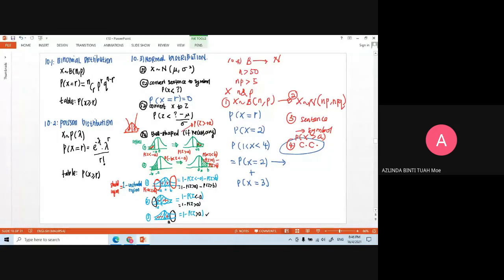So instead of having equal to 2, bila masuk dalam normal, dia akan jadi 1.5 less than x less than 2.5.